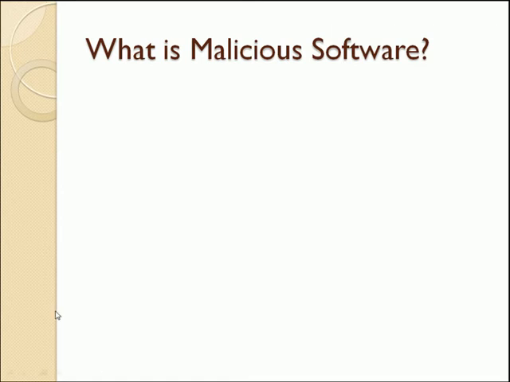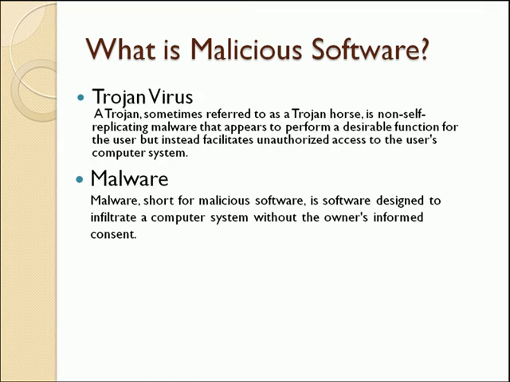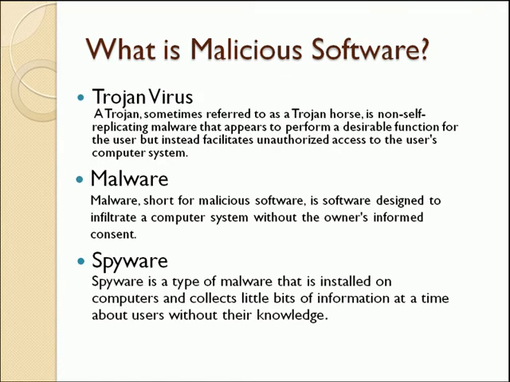What is malicious software? Malicious software can be classified into three different categories: Trojans, malware, and spyware. Trojans are the most common form of malicious software. They typically appear to perform a desirable function for the user but instead facilitate unauthorized access to a user's computer.